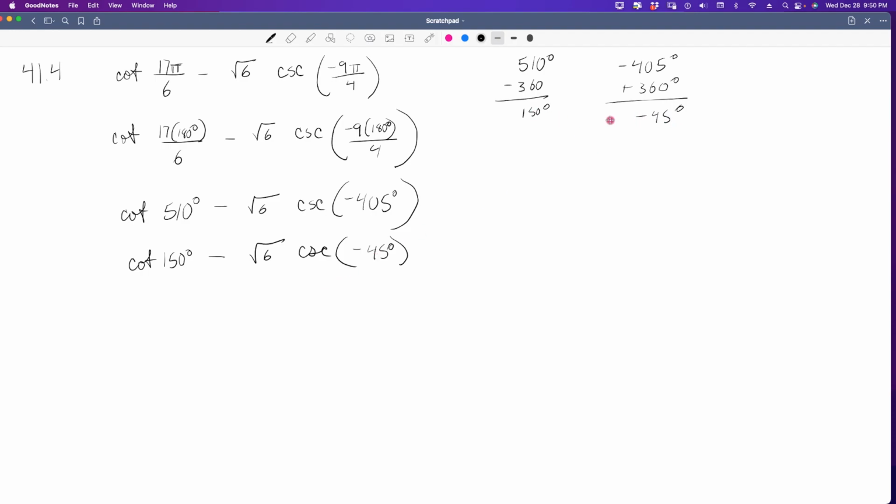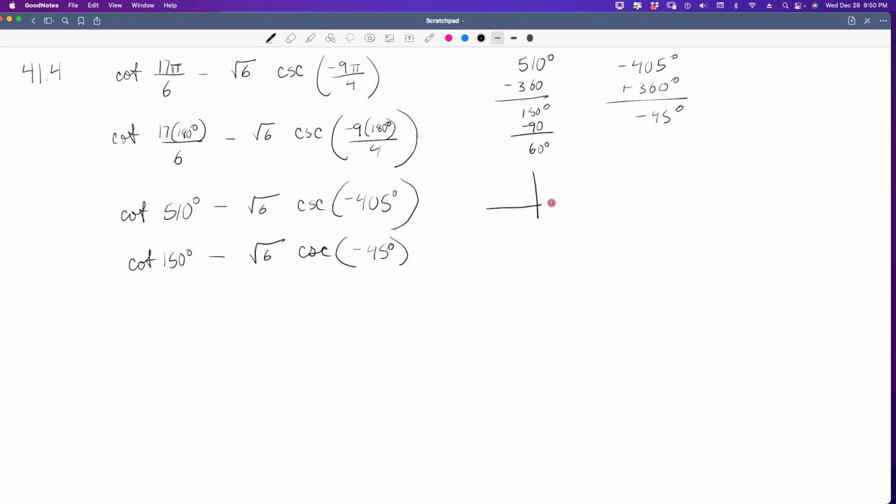So now I could pretty much figure out where these two live. I know that 150 is greater than 90, but less than 180. So I'm going to subtract 90 from this and figure out where in the second quadrant this lives. So this is going to be 60 degrees into this second quadrant. So I'm going to draw the second quadrant.